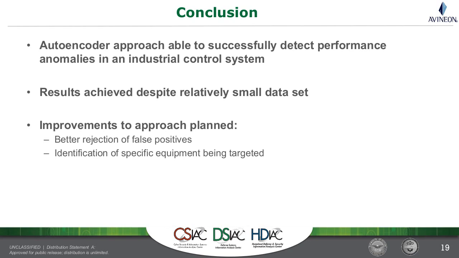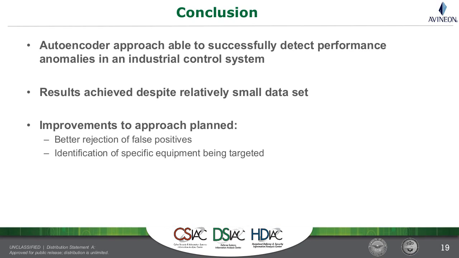We're planning to continue this research. We really want to improve the ability to reject those false positives. The other thing we want to do is be able to identify the specific equipment that's being targeted in an attack. So if you recall from the description of the data set, we know the various components of the system that are being attacked.